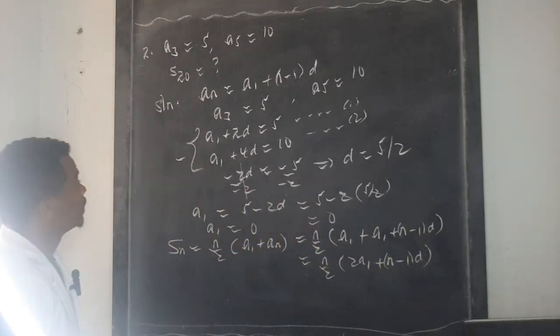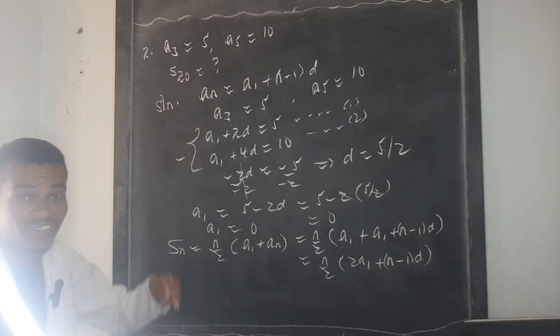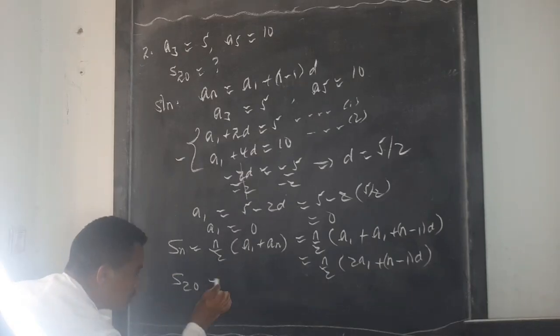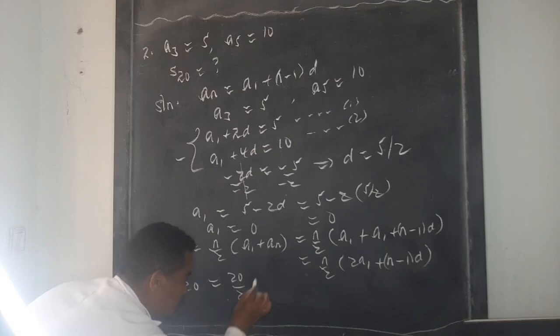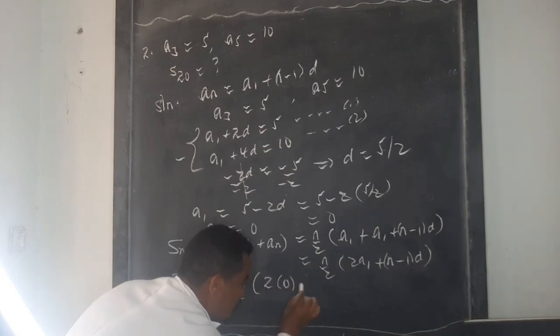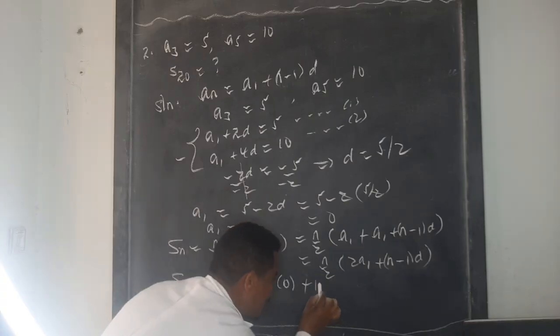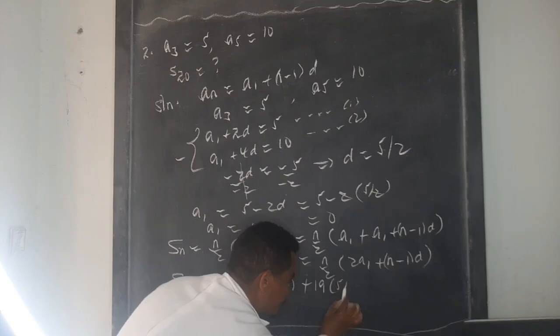The question asks for S20, the sum of the first 20 terms. Let's apply this: S20 is equal to 20 over 2 into 2a1, where a1 is 0, plus n minus 1, 20 minus 1 is 19, times d, which is 5 over 2.